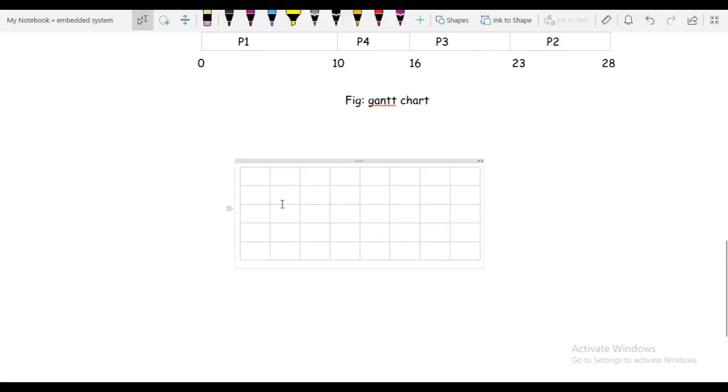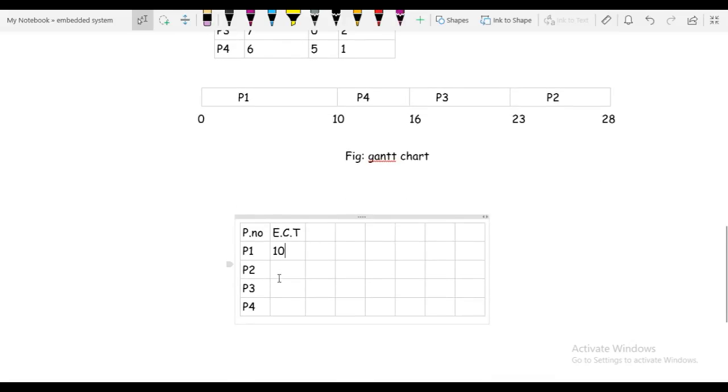Okay, let's try it again. Processes P1, P2, P3, P4 with estimated completion times of 10, 5, 7 and 6.